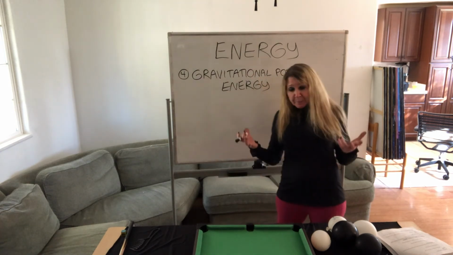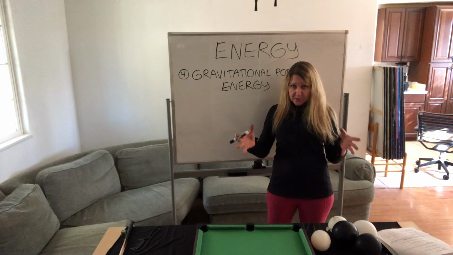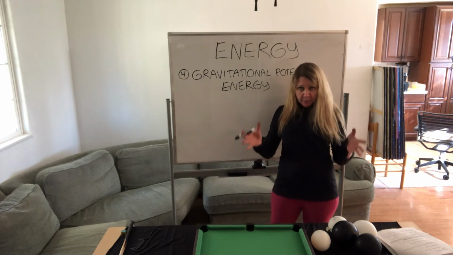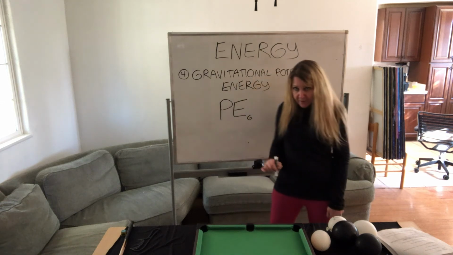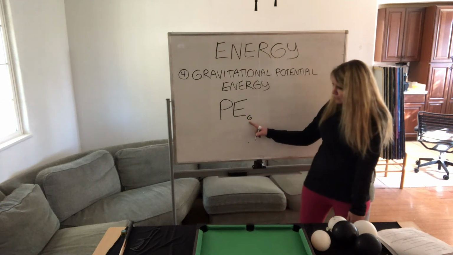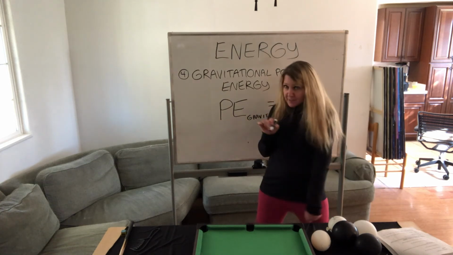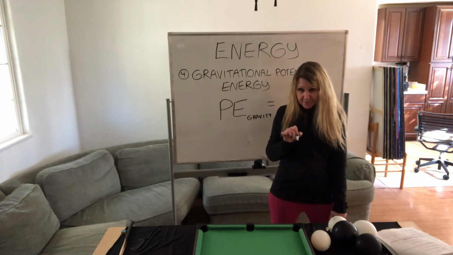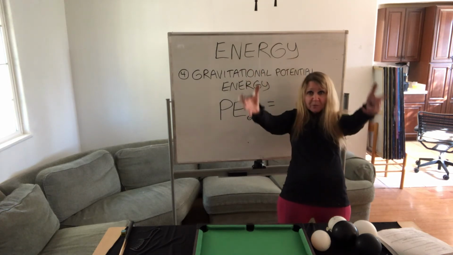When we're looking at gravitational potential energy, there's a formula for it. You'll see it like this, potential energy with the g indicating this is gravitational potential energy. This equals the mass of the object. So if it's the roller coaster, how much does that roller coaster weigh?